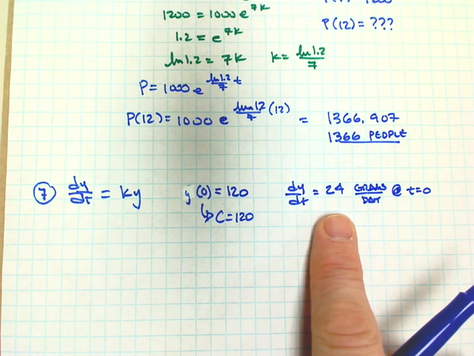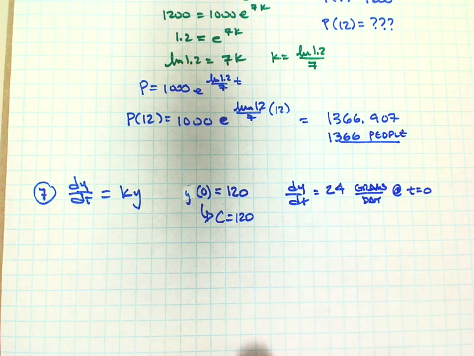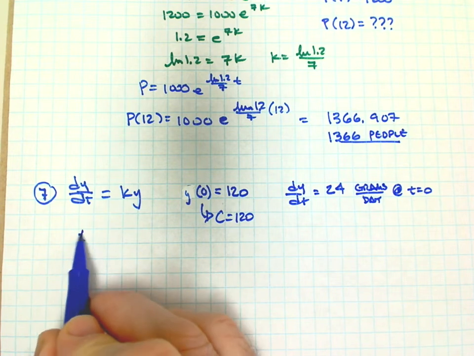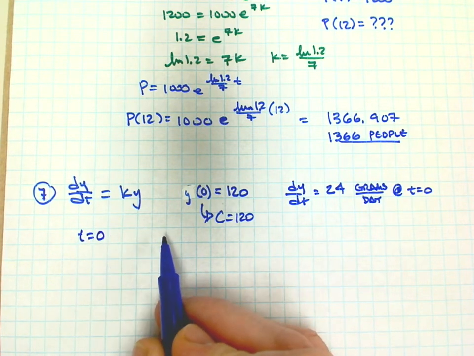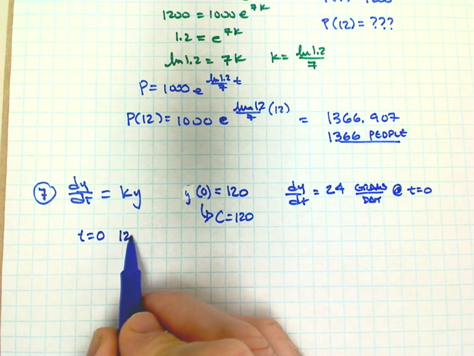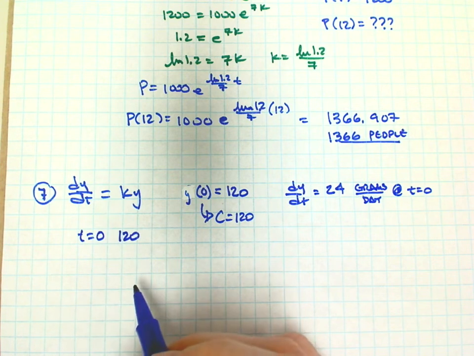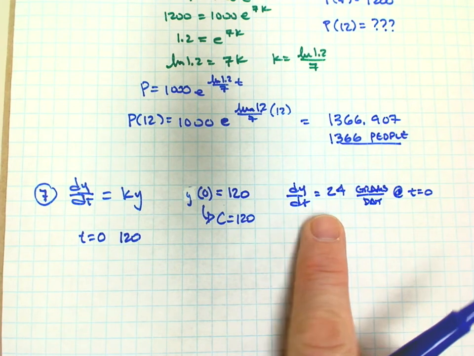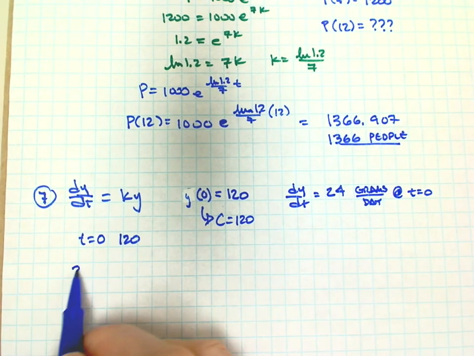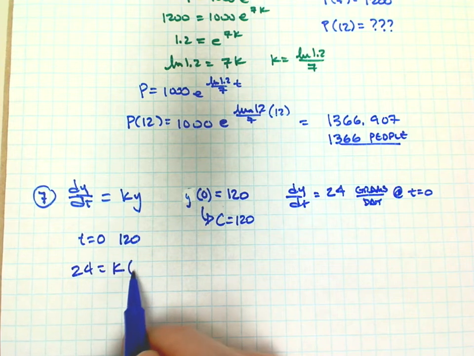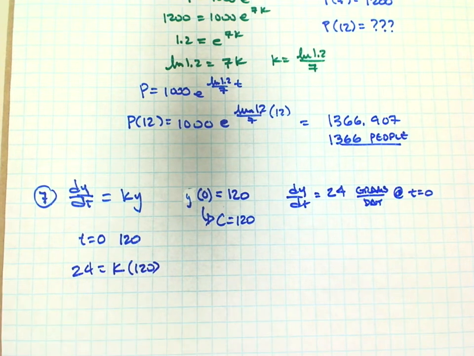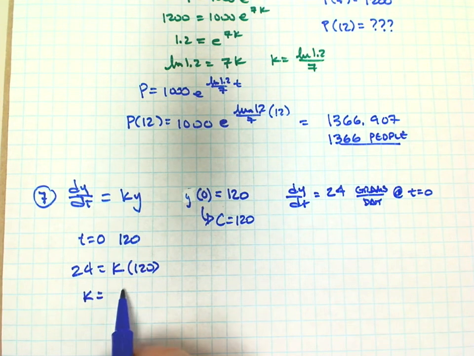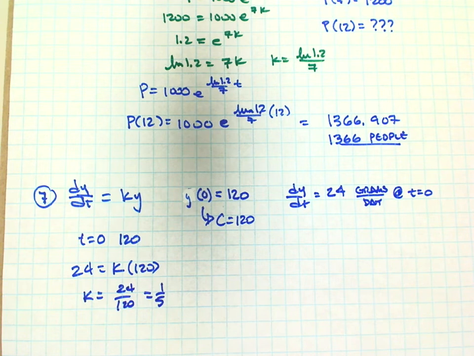So let's go ahead and substitute those in. We know when t equaled 0, we had a population of 120, and we're given that the rate of change was 24. So 24 equals k times that 120 that we had, or k would equal 24 divided by 120, which simplifies to 1/5.